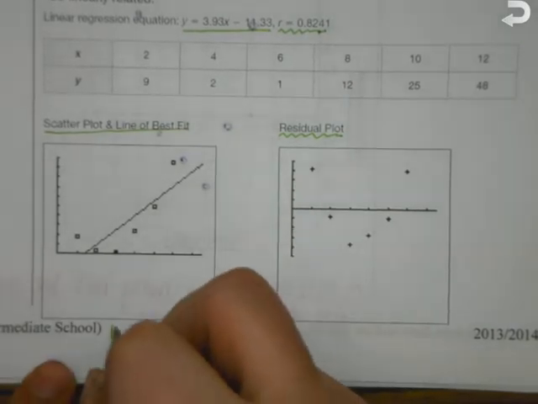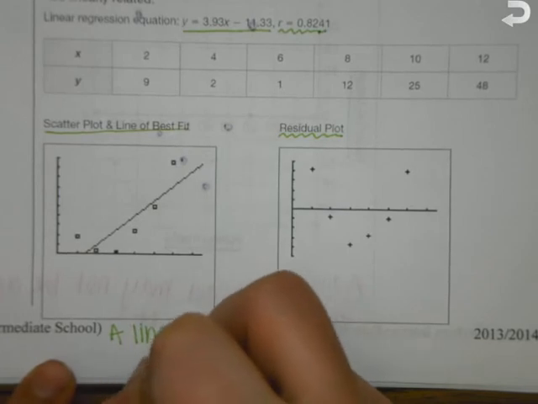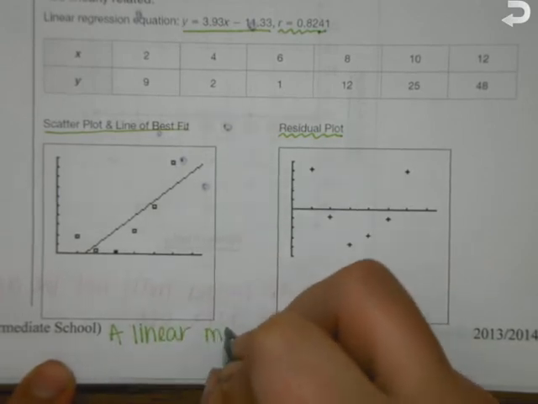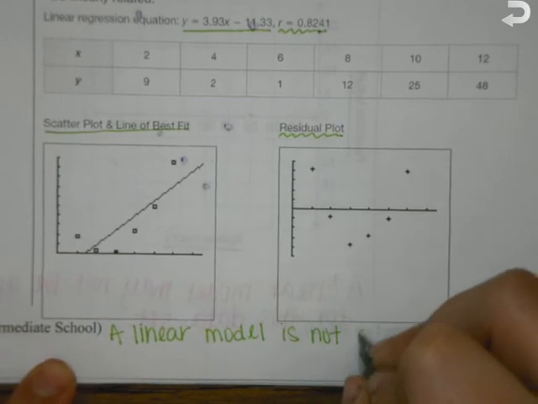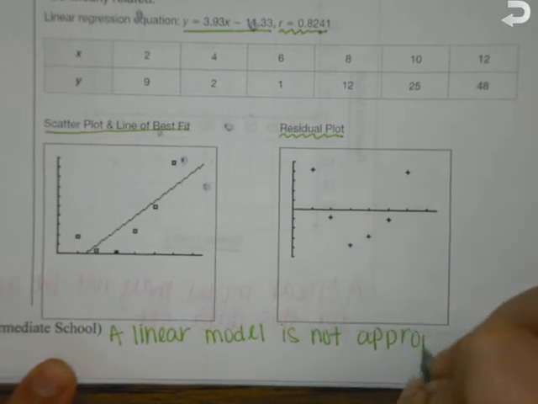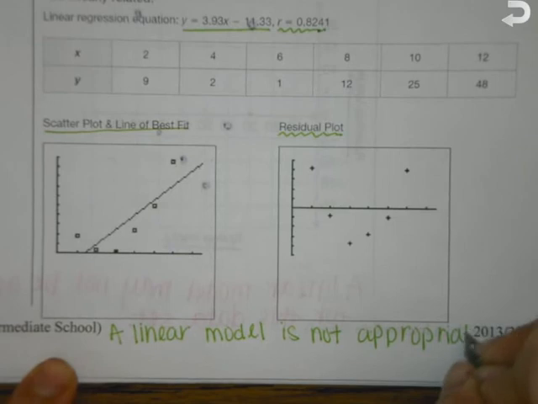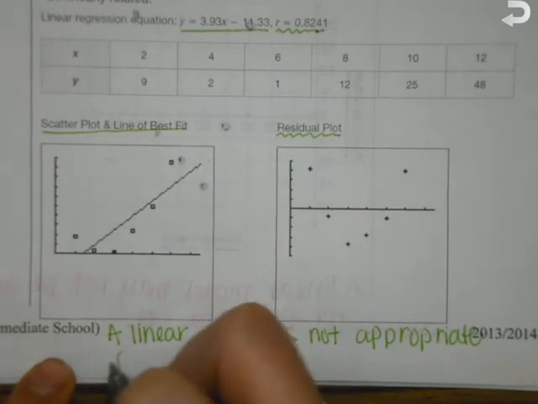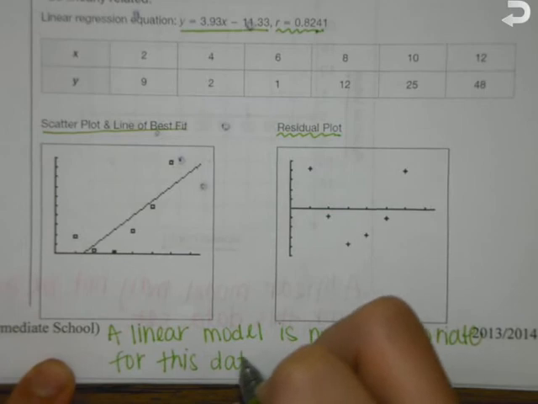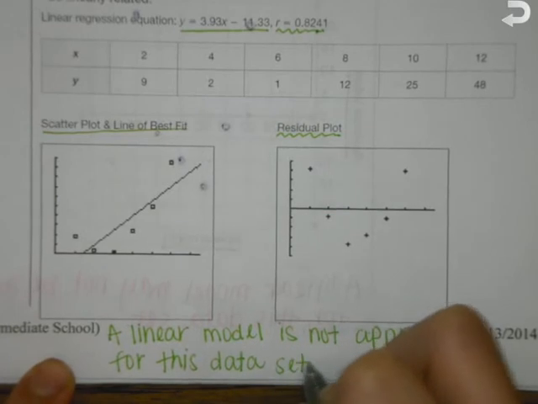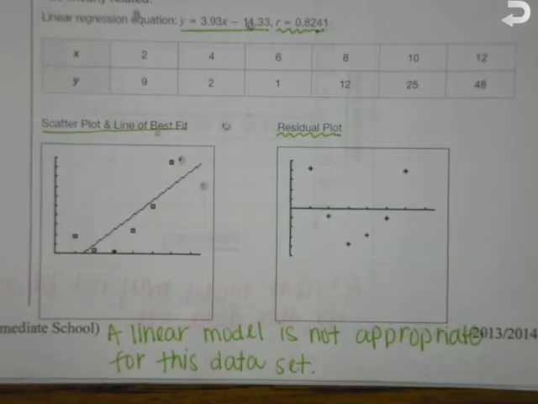A linear model is not appropriate for this data set. Okay, and by appropriate, I mean a good fit, not inappropriate like naughty, okay?